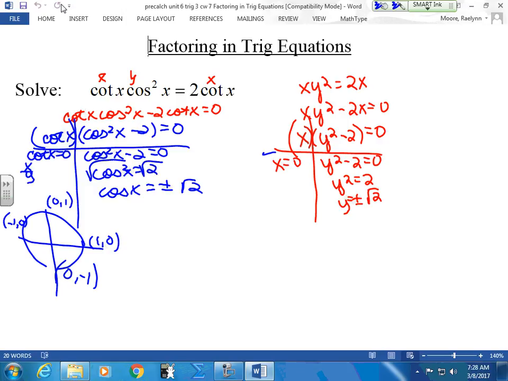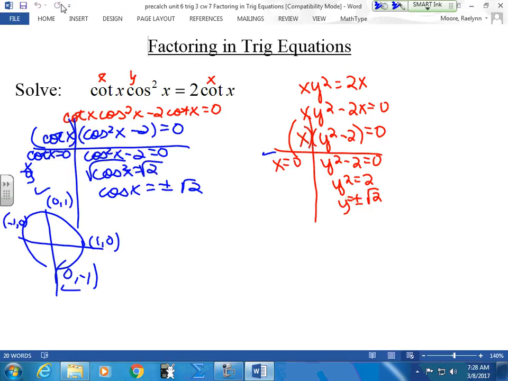X over y. So if I'm looking for it to be a 0, which one of these has to be a 0, the x or the y? The x. If I make the y a 0, it's undefined, right? So I need my x to be 0. So this guy's a 0, this guy's a 0. Agree? X over y. I can't divide it the other way, because then it's undefined.